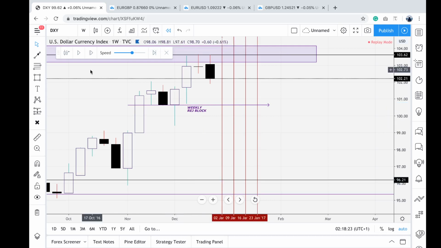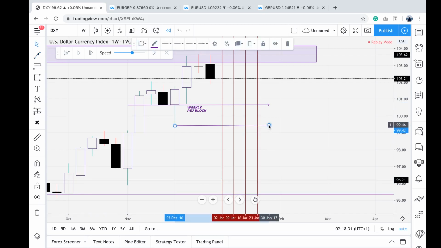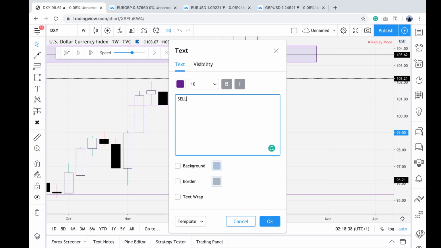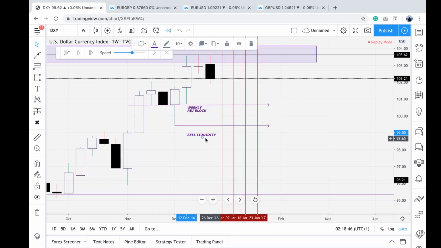And obviously, this last week's low, any fund level liquidity resting off that level constitutes sell side liquidity. So type in sell liquidity as a potential target objective for price of this level, sell liquidity.